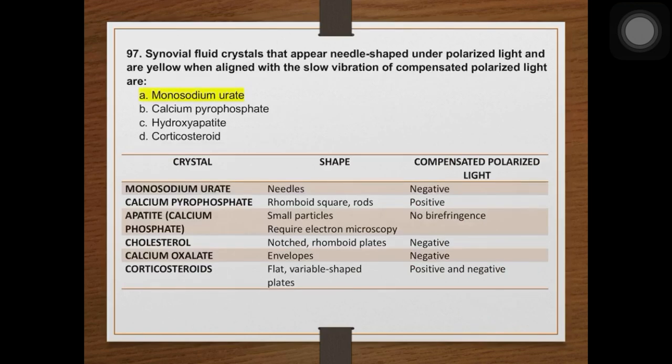Synovial fluid crystal that appears needle shape under a polarizing light, and yellow when aligned with the slow vibration of compensated polarizing light. For initial identification of crystal, pwede po tayong gumamit ng polarizing light. But for confirmation or verification, ang gamit po natin dito, compensated polarizing microscope. Because yung dalawang crystal na pinakamahalaga, yung crystal of gout and pseudogout, under a polarizing microscope, parehas po silang birefringent.